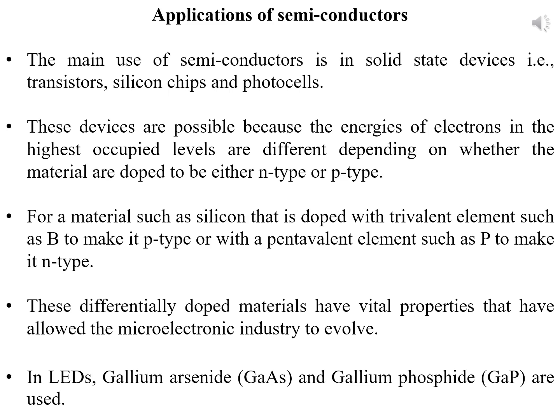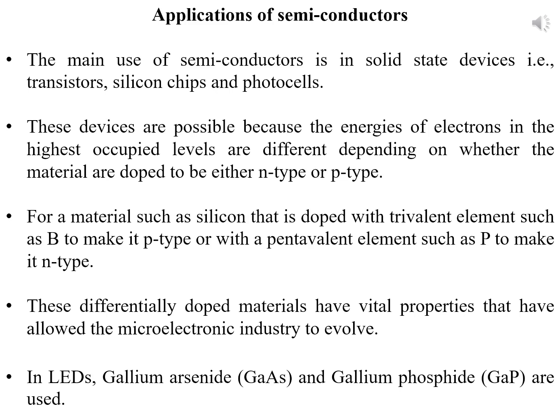Or if we dope it with a pentavalent element, that could be phosphorus, then we can make it n-type. These differently doped materials, p-type or n-type, can show different properties, and due to this the microelectronic industry grew and many microelectronic applications developed.